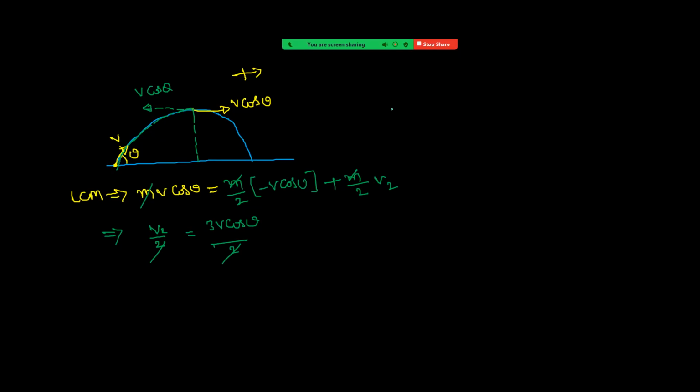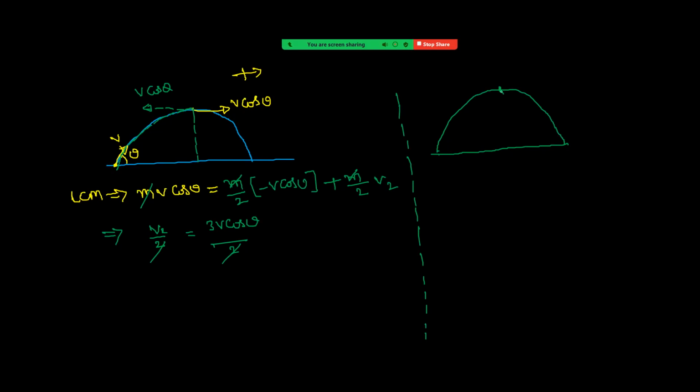We can solve the same question without using momentum conservation. See carefully once. It is an oblique projectile. We have learned one important point: the motion of the center of mass does not change because of internal forces.